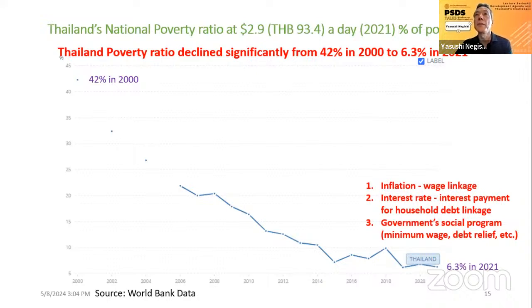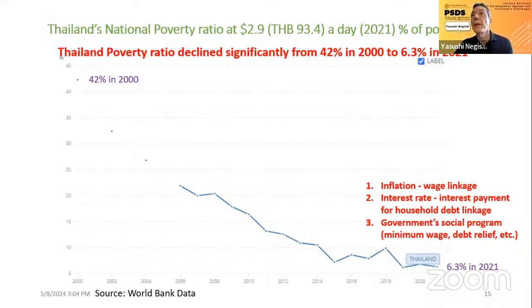And in order to balance such price increases, we need a wage increase. So a minimum wage system is a very effective way to fight poverty issues.